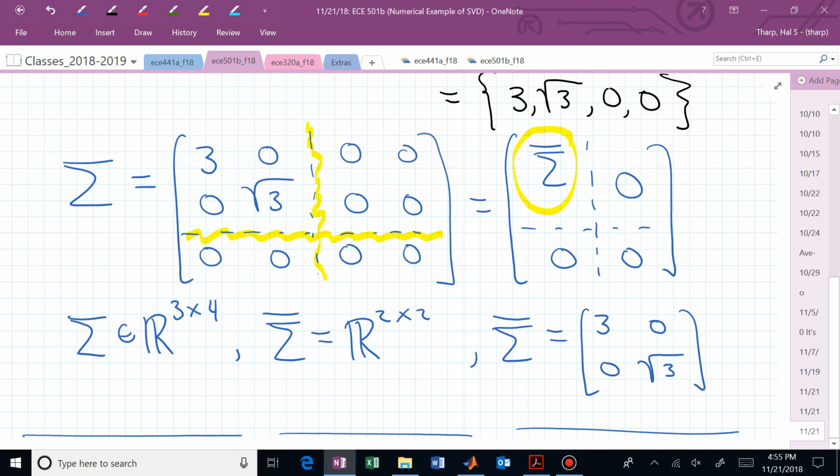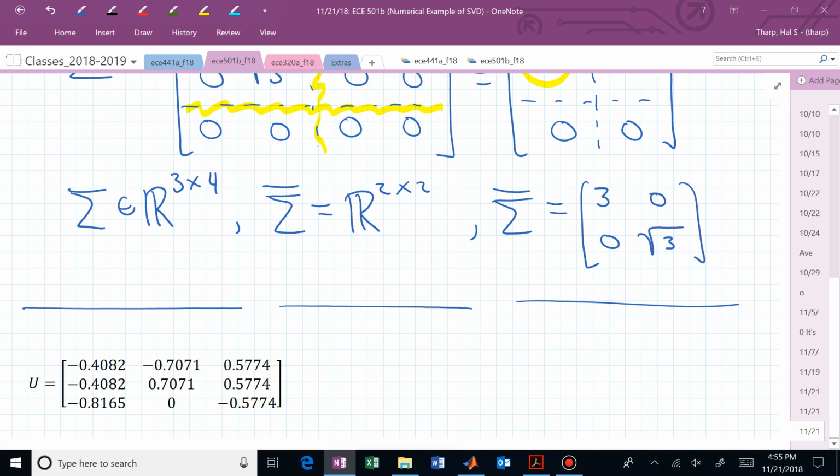We've now decomposed it to have a 2 by 2 in the upper left hand corner, a 1 by 2 in the lower left corner, a 2 by 2 in the upper right, and a 1 by 2 in the lower right.